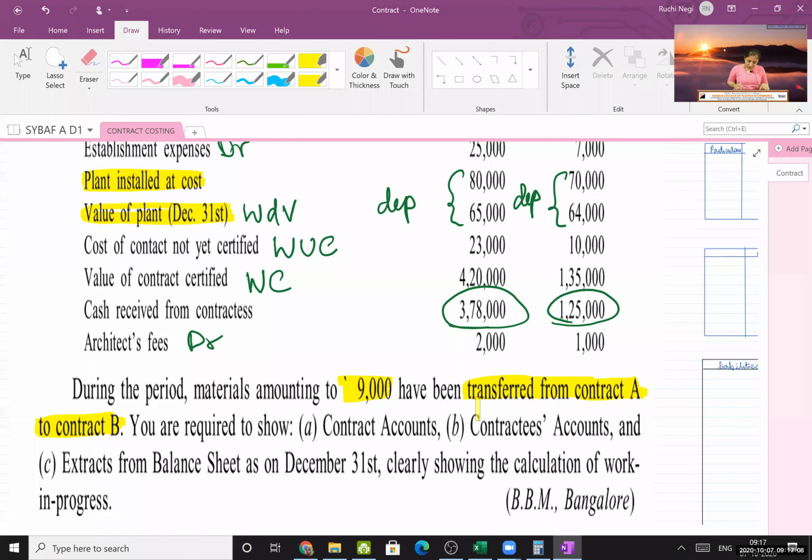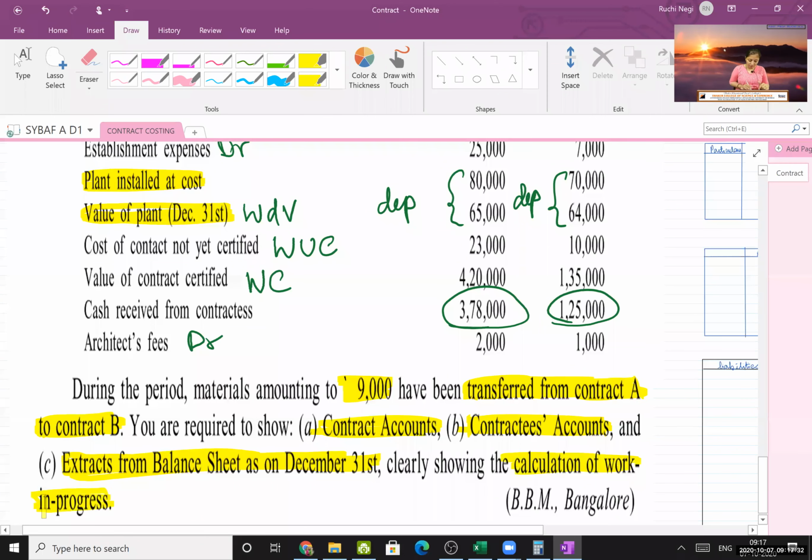What has been asked? Prepare a contract account. That I will prepare by default. A contractee's account. That also we will prepare by default. And a balance sheet extract showing the calculation of WIP. So that we will show WIP calculation in the balance sheet.